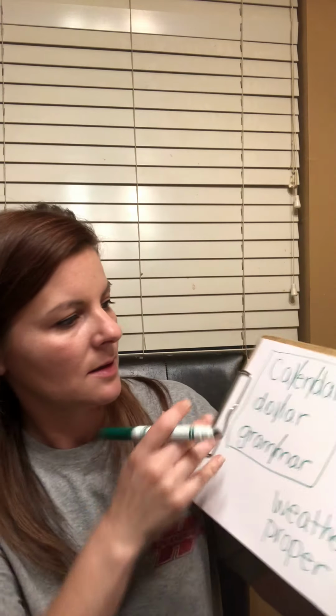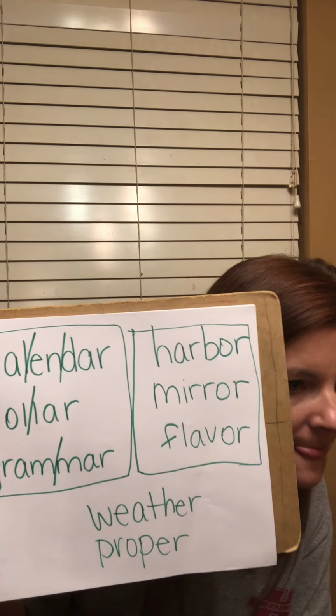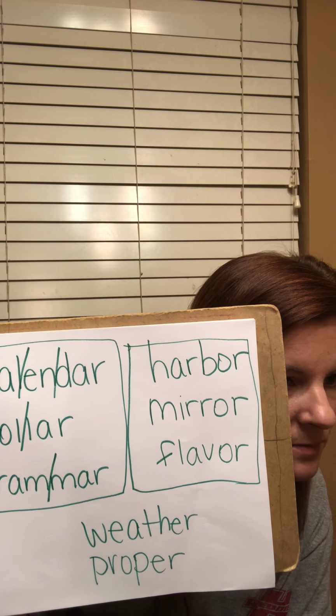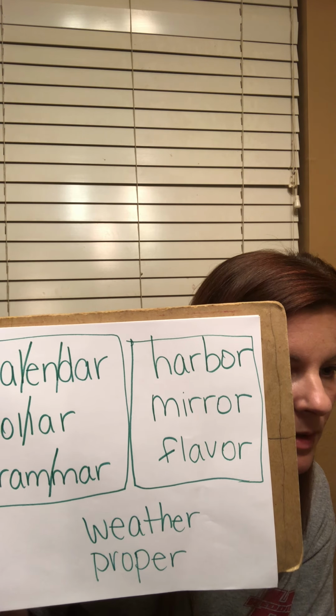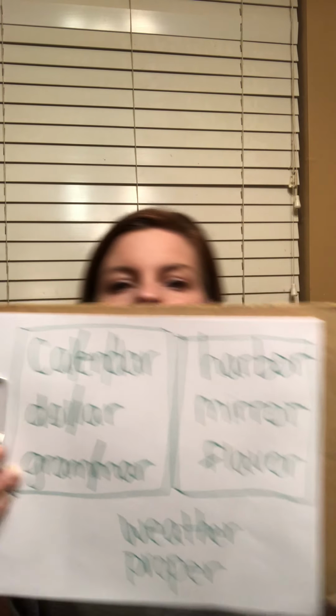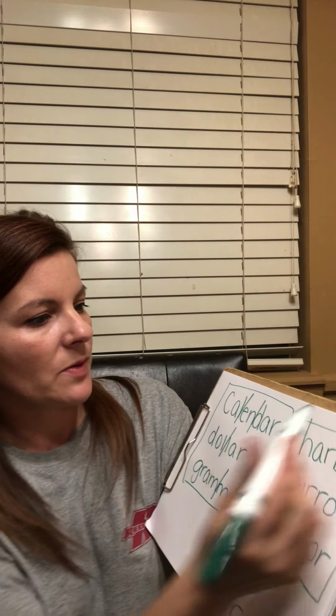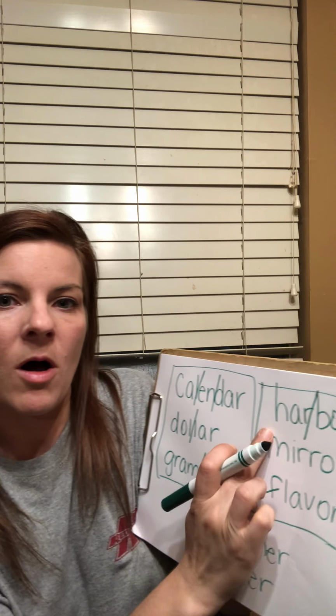Okay, so this next group of words that I have right over here, harbor, mirror, and flavor, they all end with an OR. Even though they still sound the same, they're ending with an OR. Okay? Can you divide these into the syllables? Yes, we would go between those two consonants, harbor.